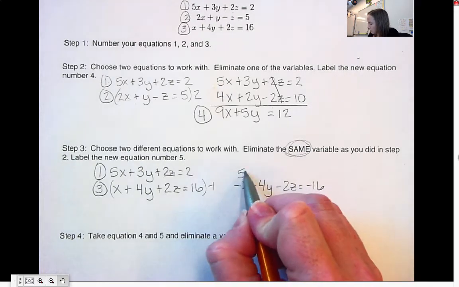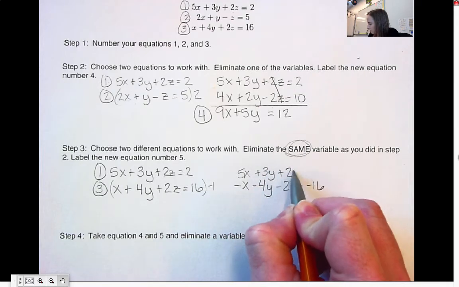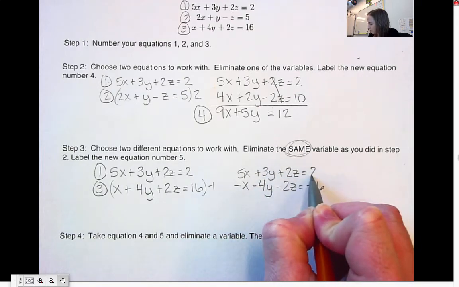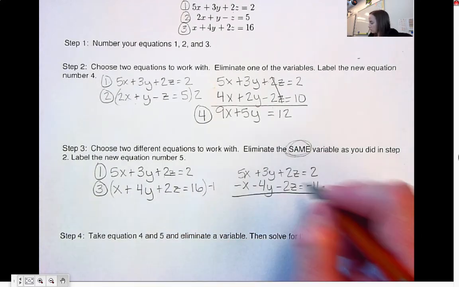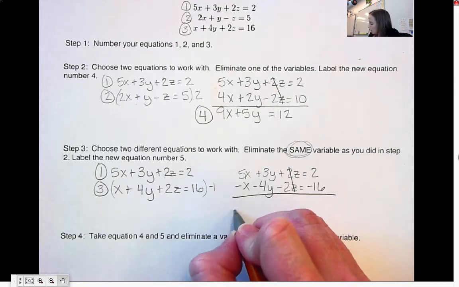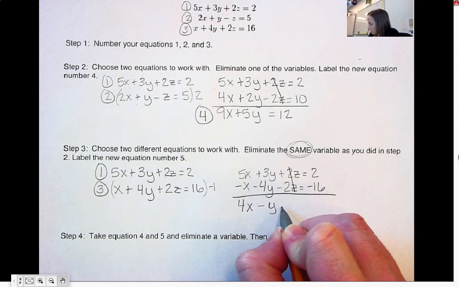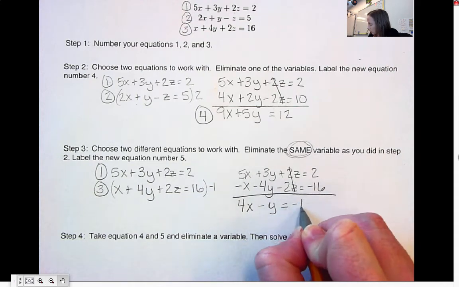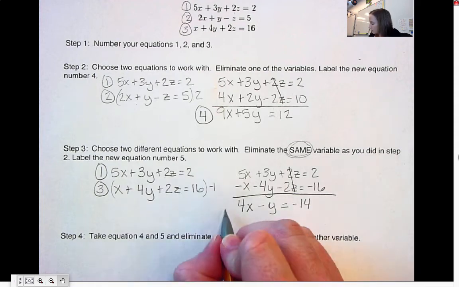And of course the first one stays the same. And then we cancel our z's. Go ahead and combine your like terms. 4x minus y equals negative 14. We will call this equation number 5.